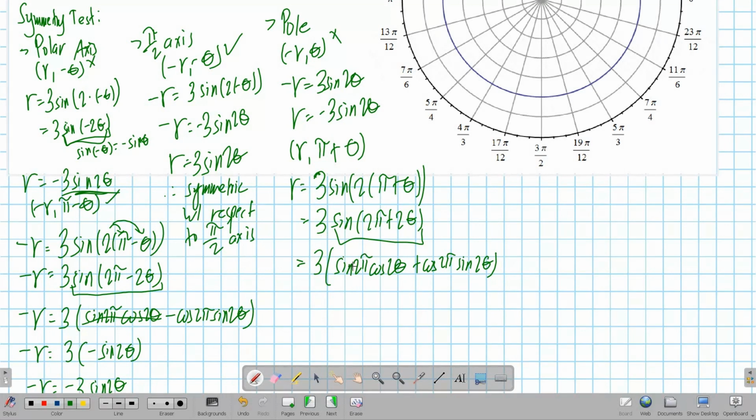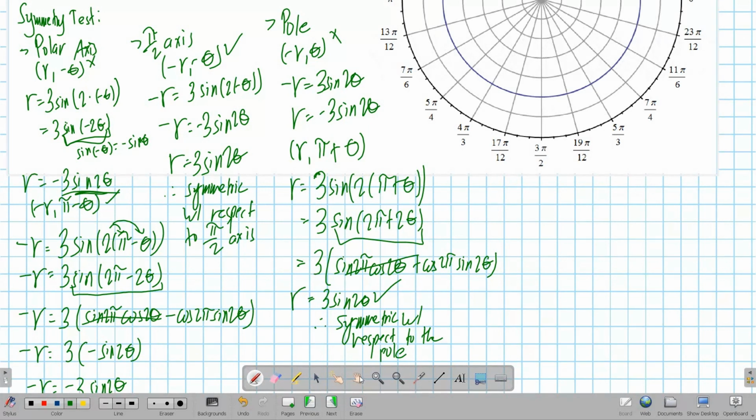Sine 2 pi is 0, so this gets cancelled, and cosine 2 pi is 1. So therefore, r is equal to 3 sine 2 theta, which is the same. Therefore, it is also symmetric with respect to the pole. So it's symmetric to all three.